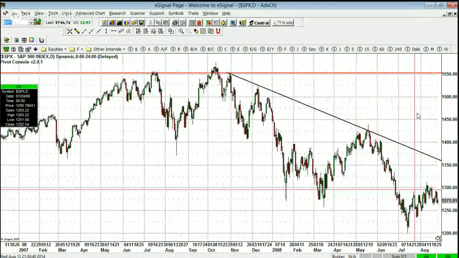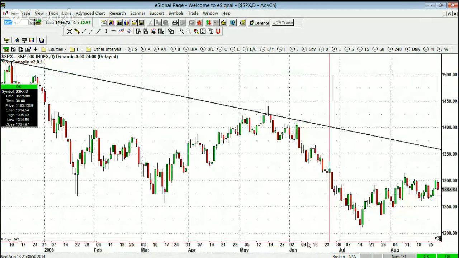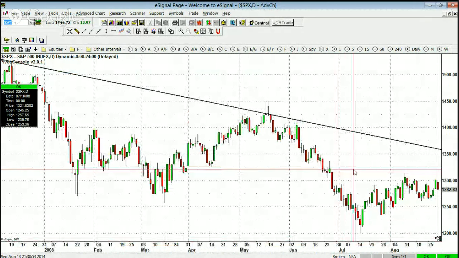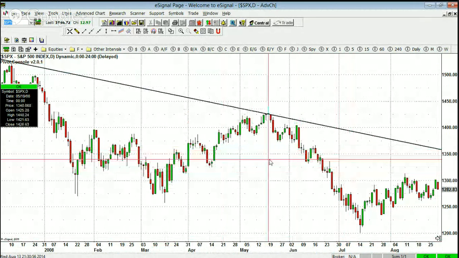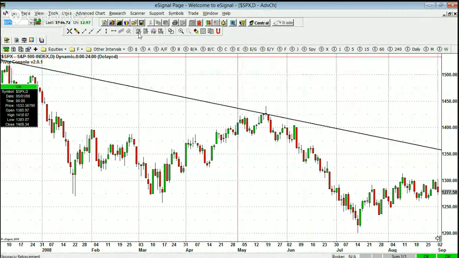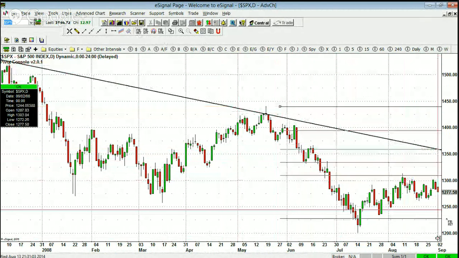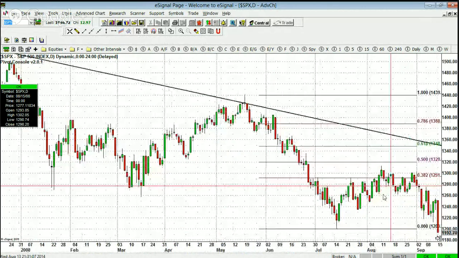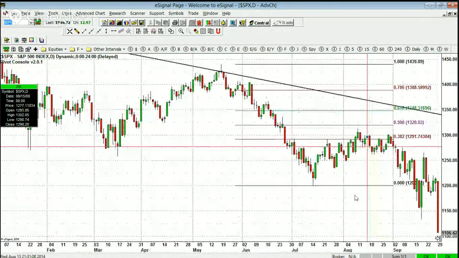So this was when the general public was worrying about the markets, but they weren't too worried. The market was in a downtrend, came up to the 50% retracement level, and in August the market collapsed.